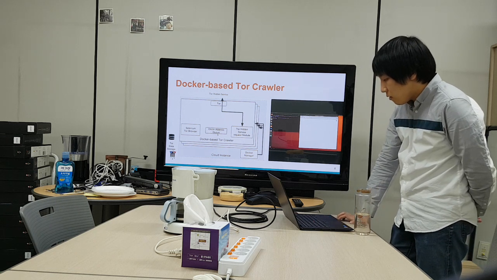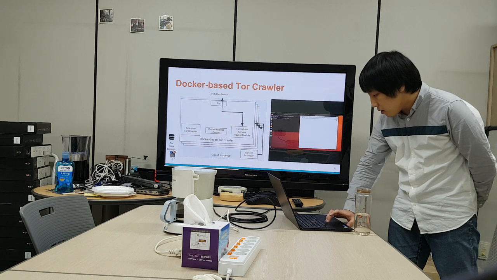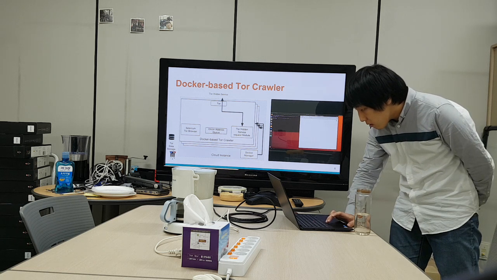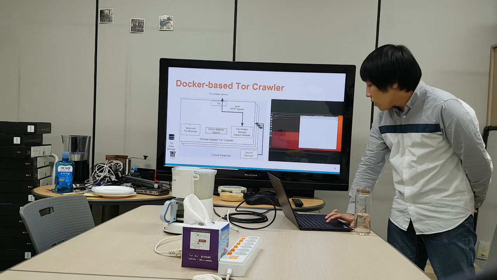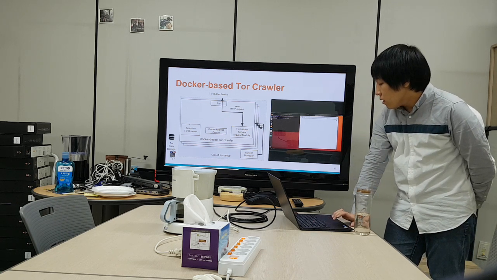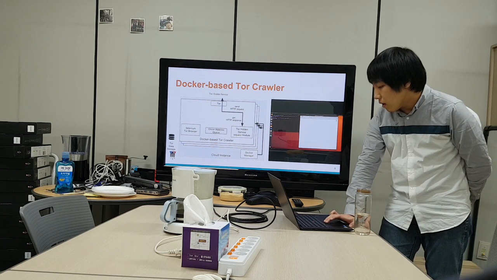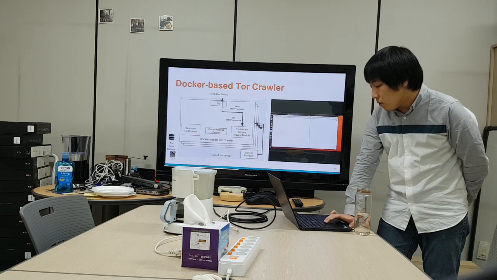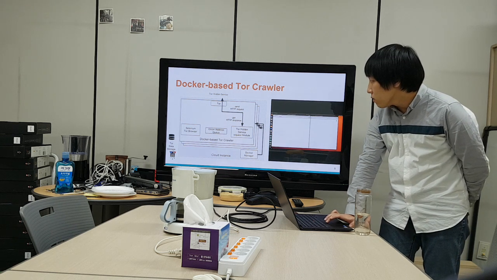The request module sends an HTTP request to the hidden service. When an HTTP response arrives, it checks the status code and adds an accessible onion address to the queue.